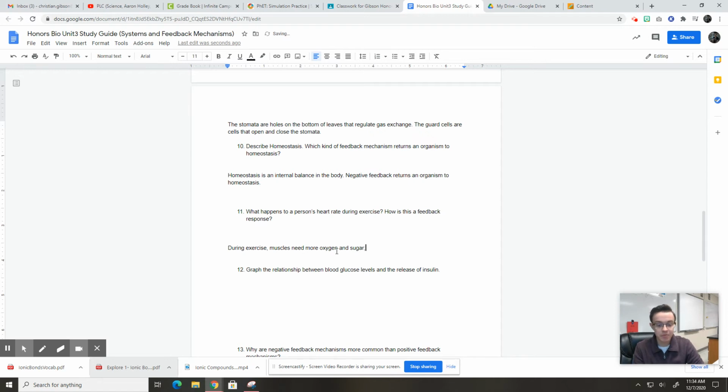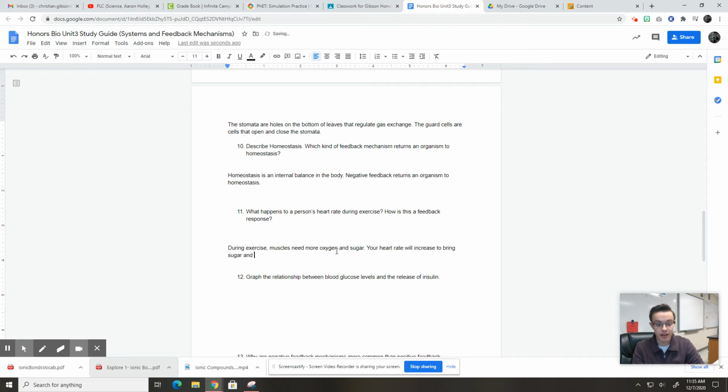So your heart rate will increase to bring sugar and oxygen to your muscles faster. Your muscles are using up all the sugar and oxygen they have available, so your heart will start beating faster, and you'll start breathing more heavily so you can get more oxygen and more of that sugar to your muscles faster. It increases the rate at which your blood is flowing.